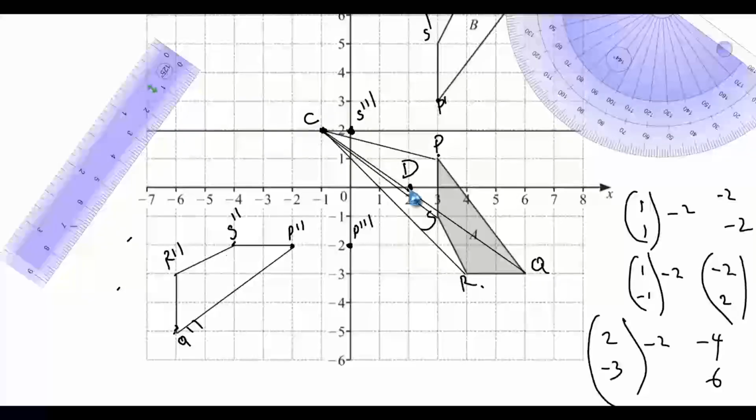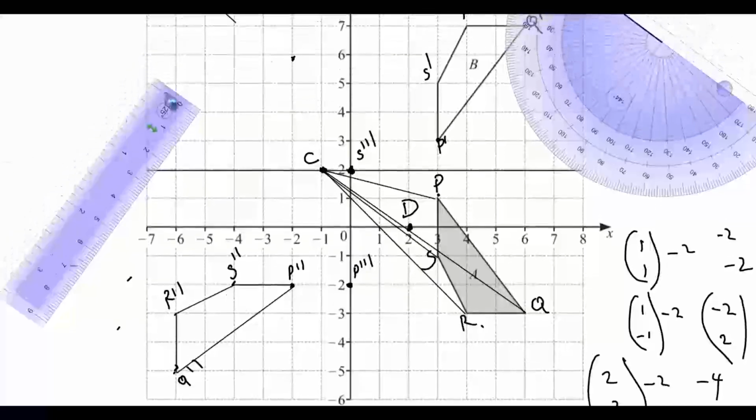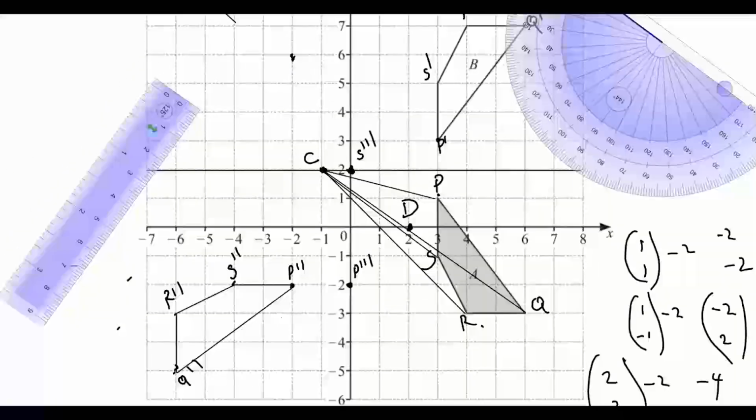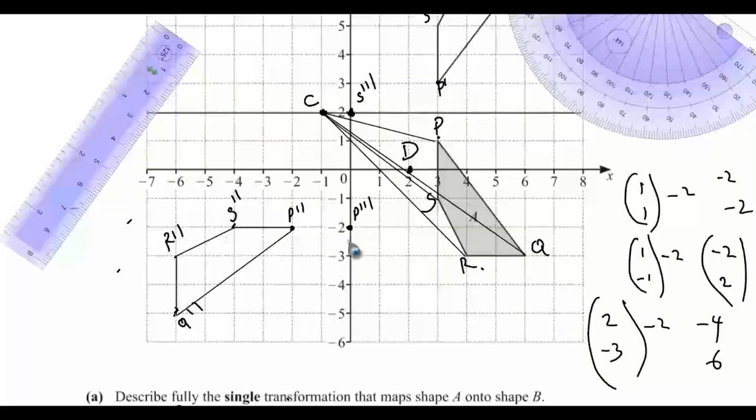From the center of enlargement, let's count 4 towards the left hand side, 1, 2, 3, 4. Then let's count 6 up, 1, 2, 3, 4, 5, 6. It will be here. Let's scroll up a little bit to see this point here. So that will be R prime prime prime.